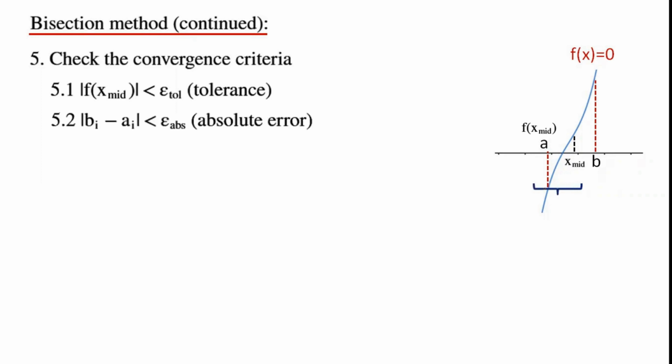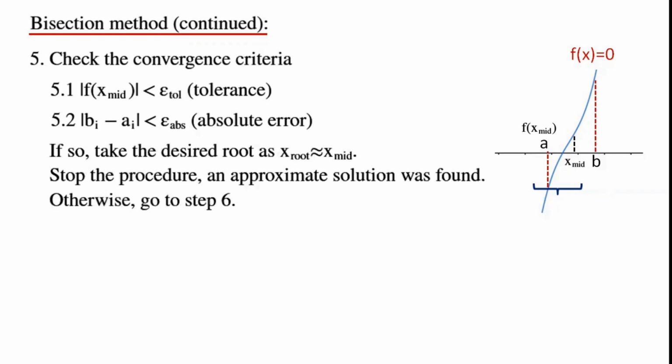The modulus of bi minus ai is less than epsilon abs. If so, take the desired root as x root approximately equal to x mid. Stop the procedure as an approximate solution has been found. Otherwise, go to step 6.